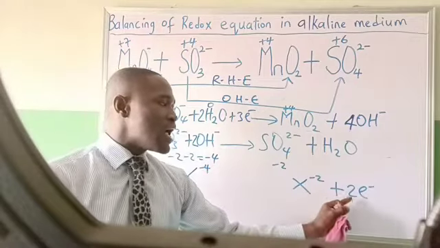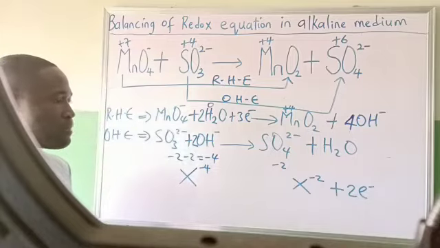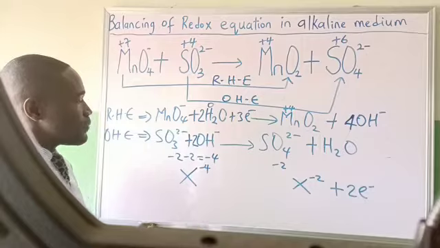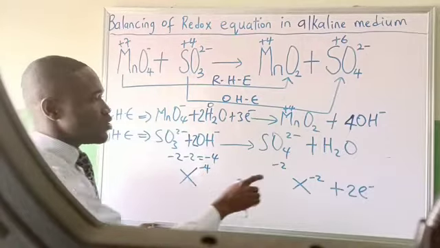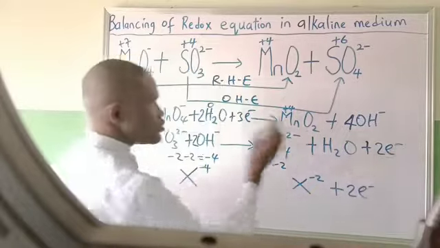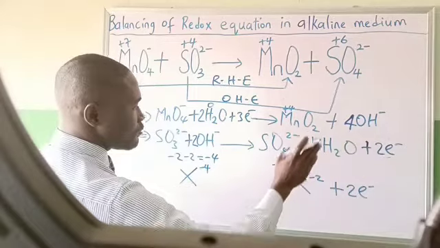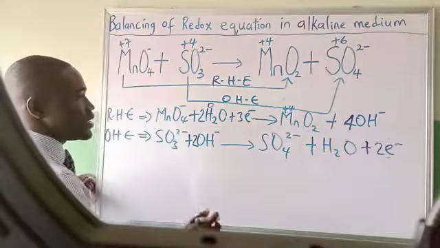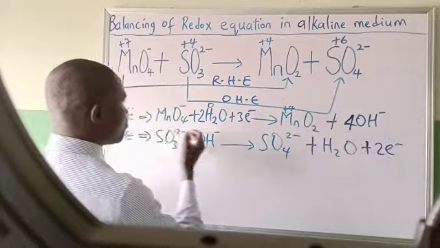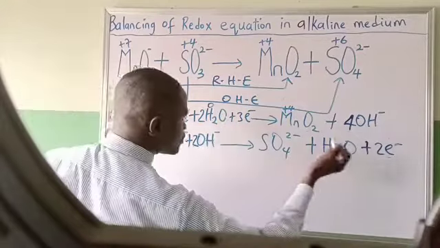So this one has to collect another 2 electrons so that it will look like this one. Okay, so because of that, we will carry plus 2 electrons and put here to say that it is balanced in terms of charges. Now next thing is carry this 2 electron, multiply the reduction part, carry the 3 electron, multiply the oxidation part.